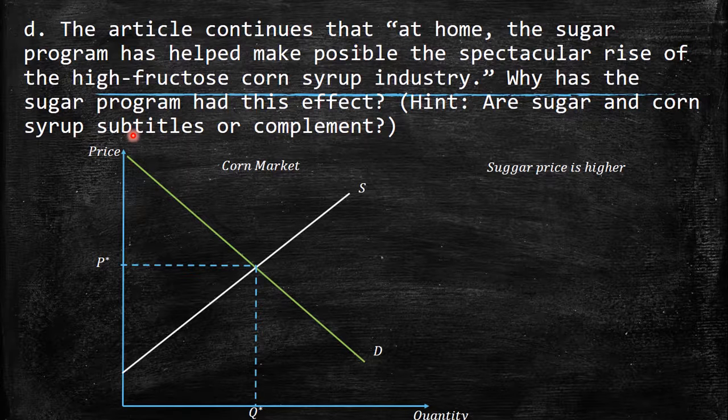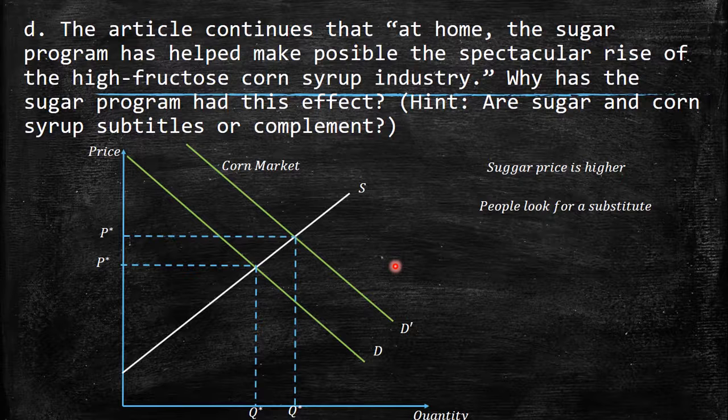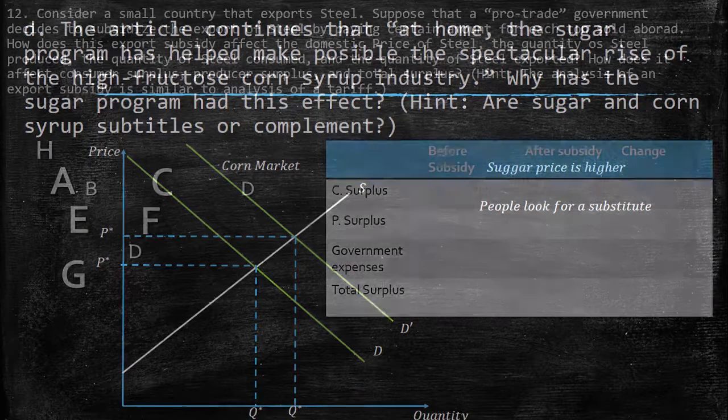Given that the sugar price is higher, remember when a substitute good is expensive, people start to look for a substitute, so demand shifts to D prime. The demand curve shifts to the right. As a consequence, producers are better off because they will receive a higher price and a higher quantity in the market.